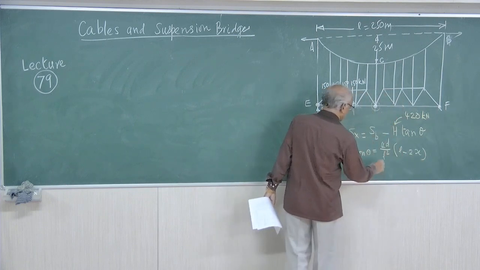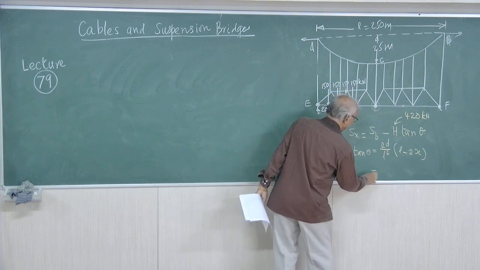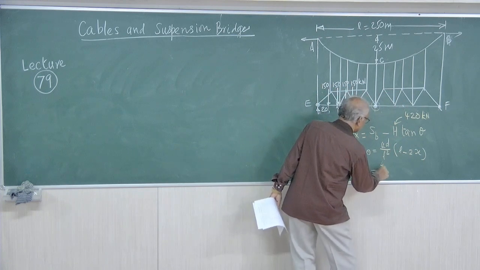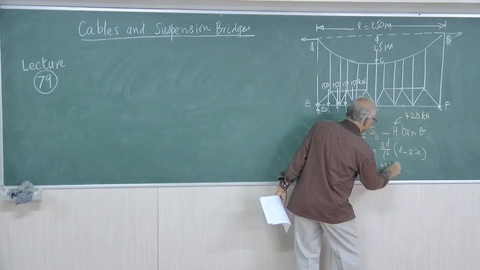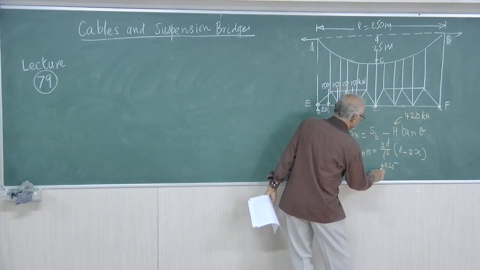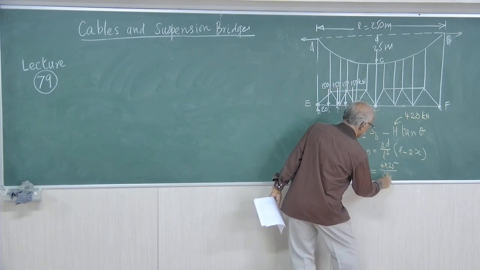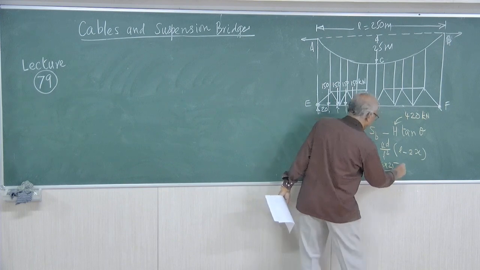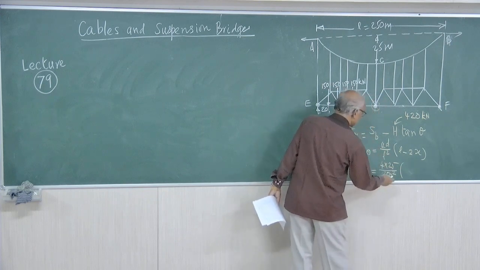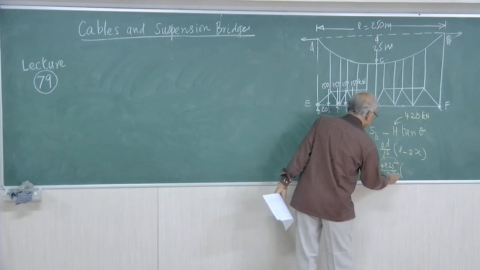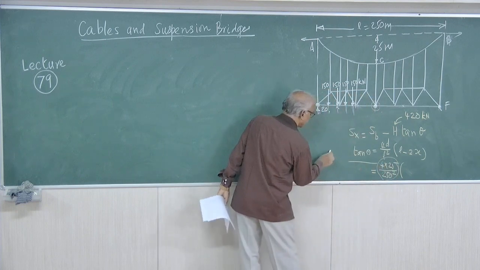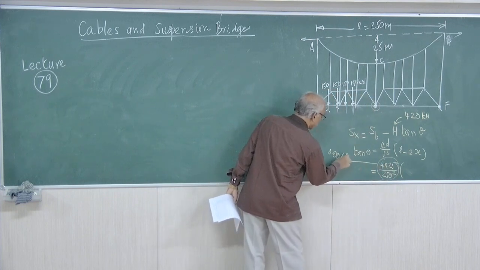Here also you have to simplify: 4d is 25, L square is 250 square, into L minus 2x. This value you can simplify, and it equals 0.0016.